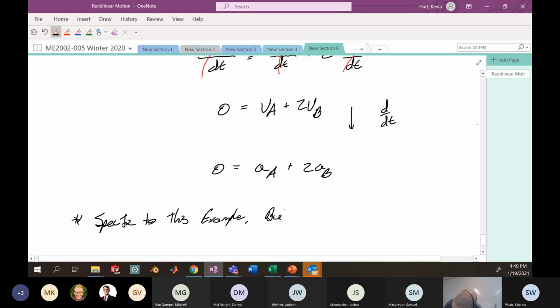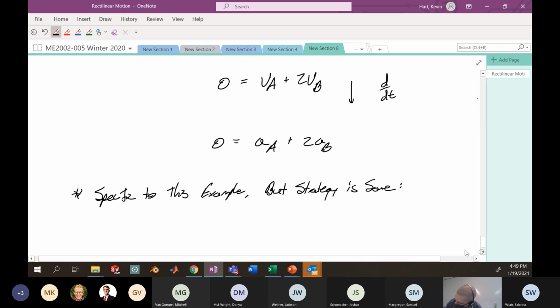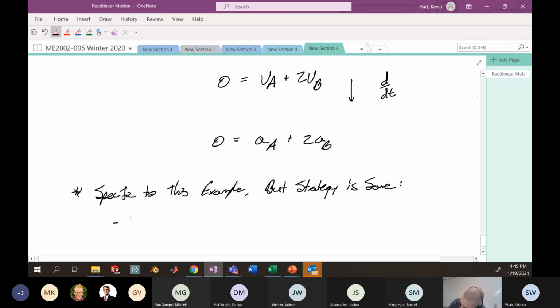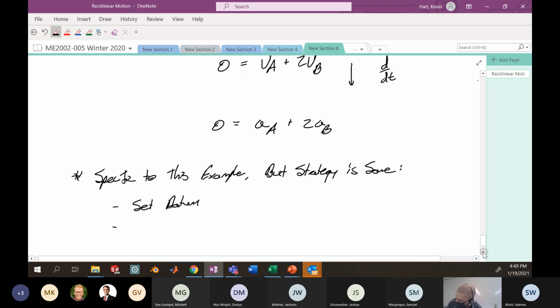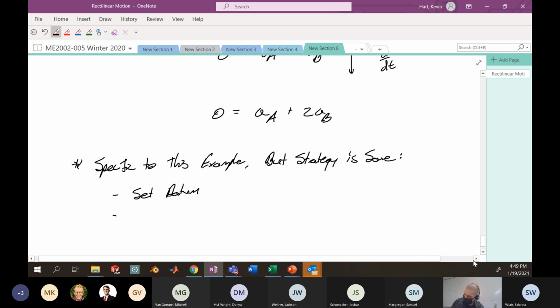But the strategy is the same. And the strategy is this. Set datum. Write positional equations. For us, that would be one example.